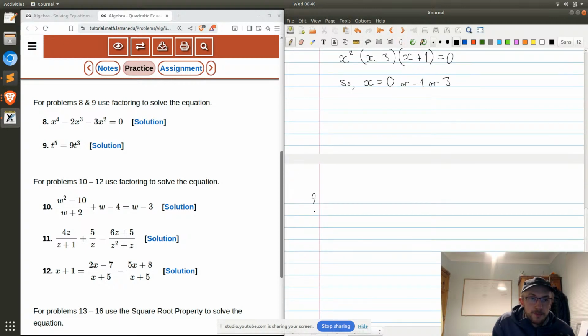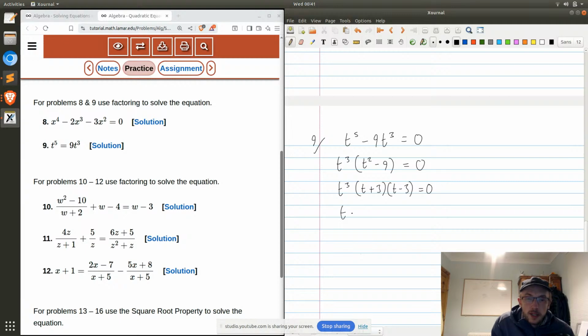Problem 9. t to the 5 take 9t cubed equals 0. So we factor out t cubed. We have t squared minus 9 in brackets. And then we factor that. All right.